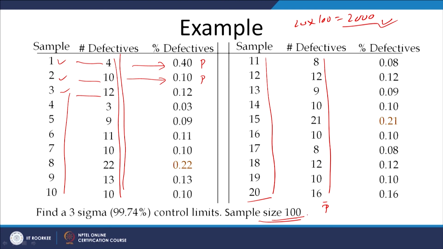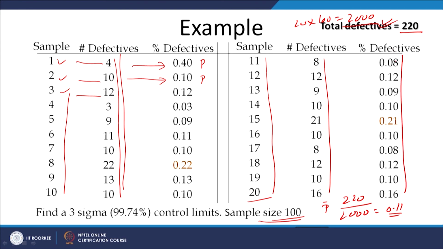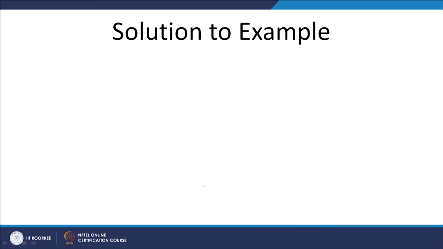So, in this case say the total defective item is 220 and the total number of items inspected 2000. So, 0.11 will be the p bar value, and these are basically the p values, the fraction of the defective items, and these will be plotted on the control charts.